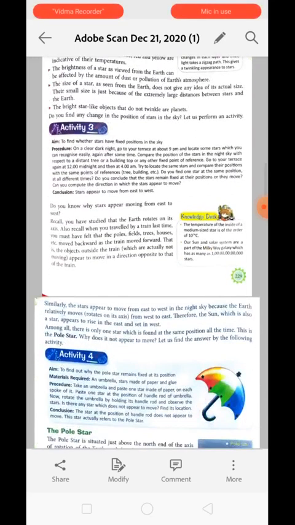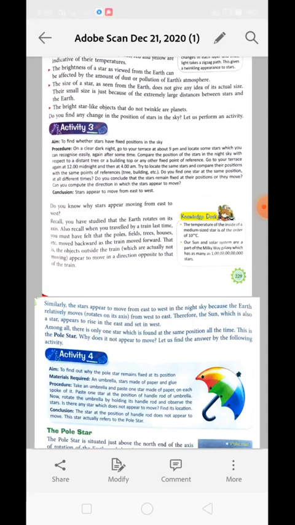While discussing activity 3, we learned that the stars appear to move from east to west. Why? Because our earth is moving from west to east. Understood? This can be understood when you recall your train travel.